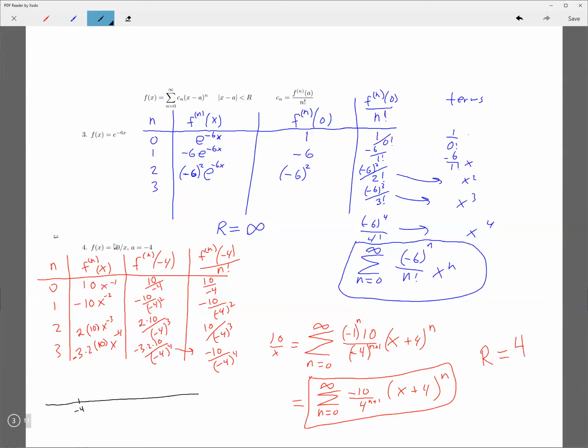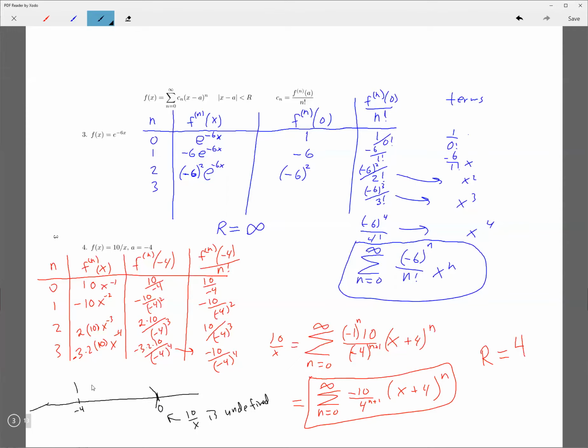Now, this function at 0, 10 over x is undefined, right? Doesn't work. That's the only place where it's undefined. And so as a result, because this is undefined, whatever series represents this function is not going to work at this point.